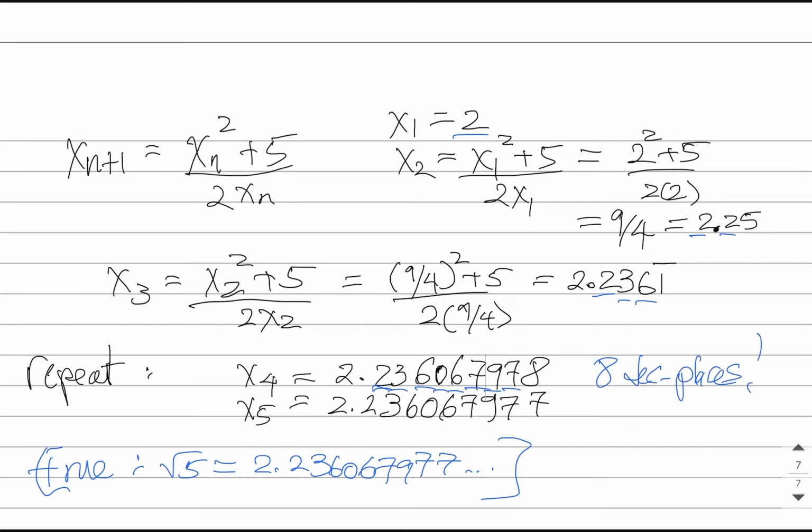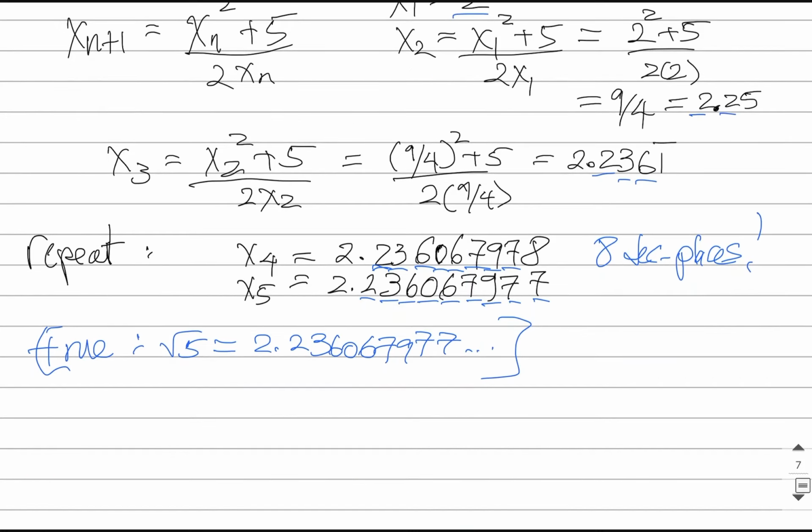That's awesome. And by the time I get to the next one, they're all accurate. So Newton's method is an amazing method because it converges to the answer really quickly. It usually doubles every time you do an iteration. The number of decimal places that are accurate usually doubles every time you do an iteration.